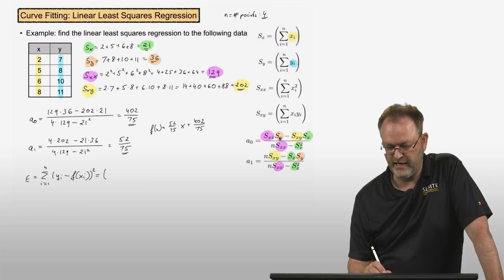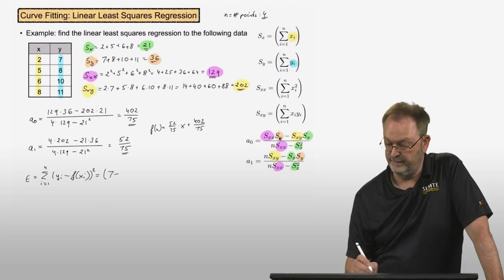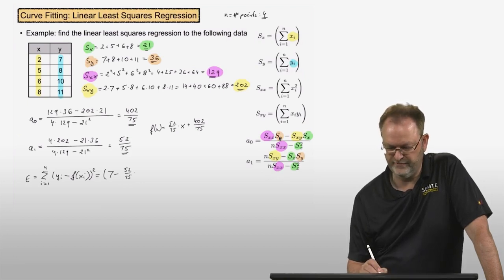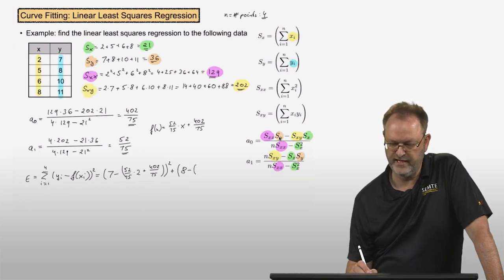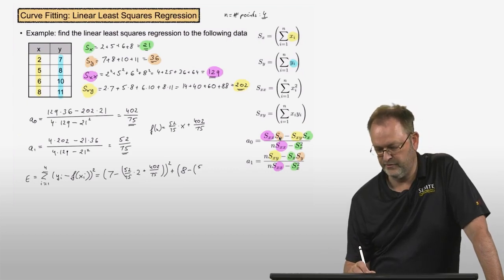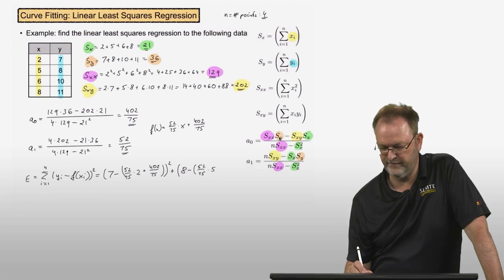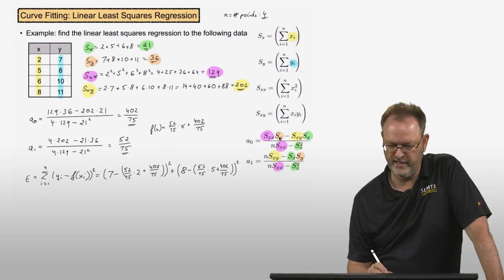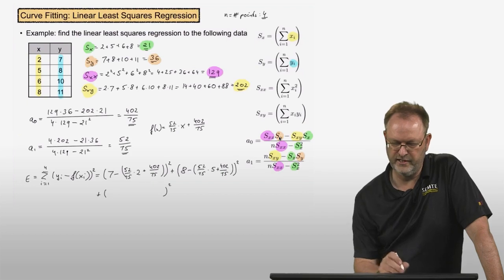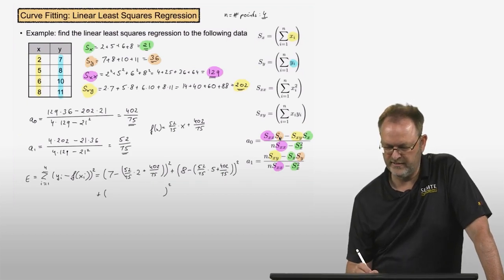So the first term would be the y is 7 minus the function, so 52 over 75 times the x value 2 plus 402 divided by 75, squaring this, plus second data point, the y value is 8, minus the function evaluated at x equal to 5, 52 over 75 times 5 plus 402 over 75, this entire thing squared, and then the same term here for the third data value plus the similar term here for the fourth data point.